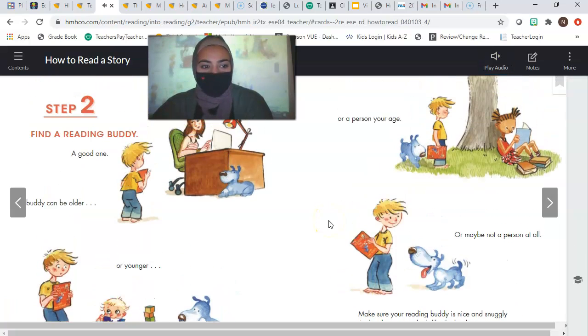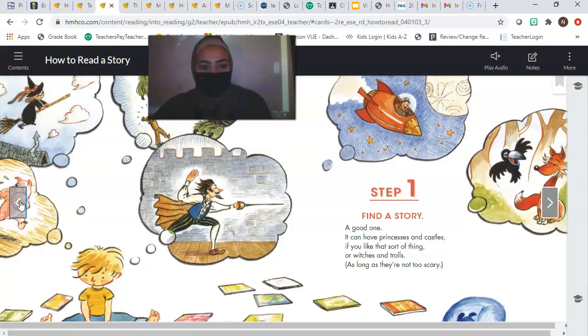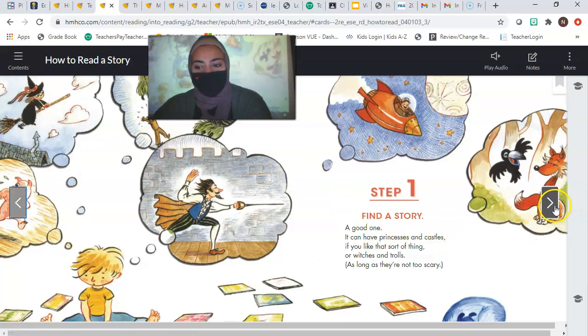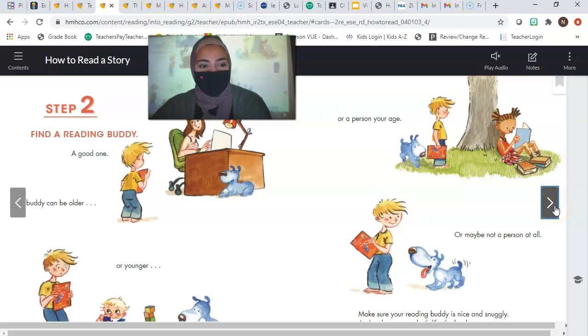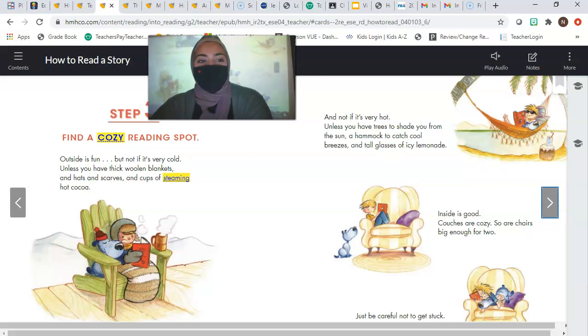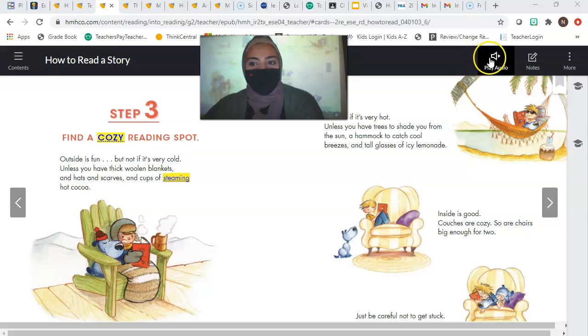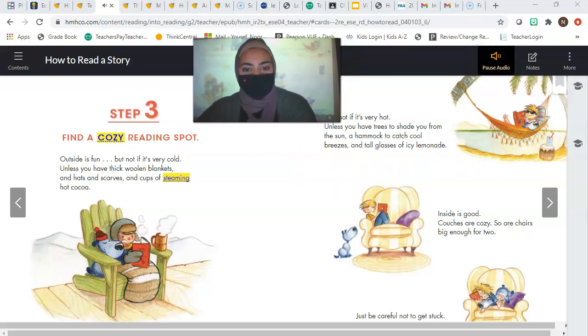So step 1 was what? Find a story. Step 2 was find a reading buddy. Let's read about step 3. Step 3. Find a cozy reading spot.